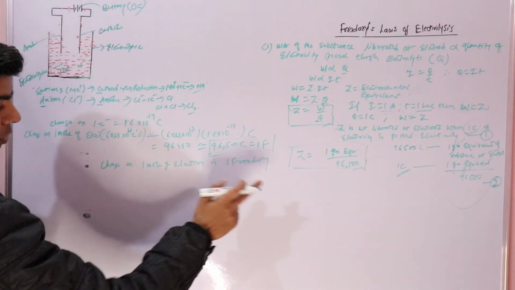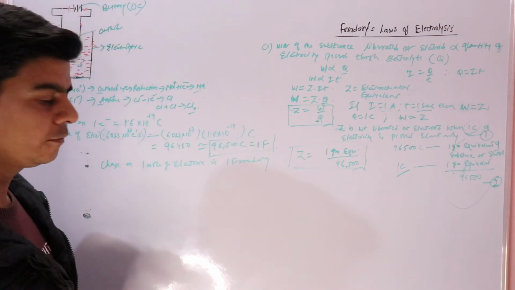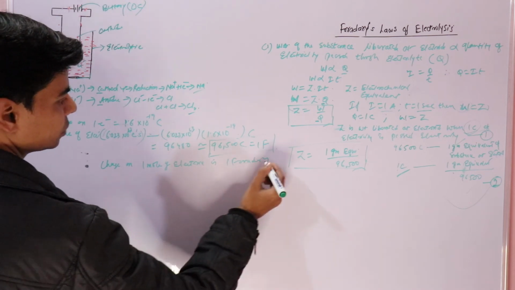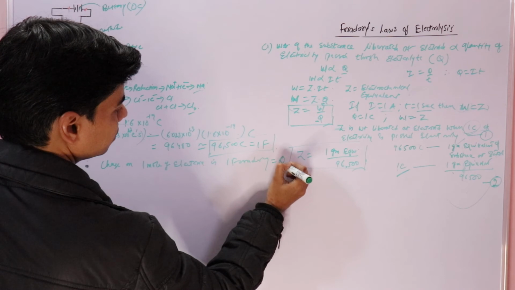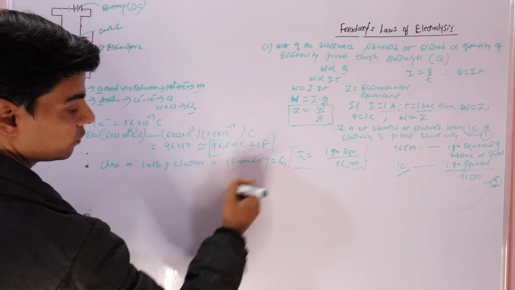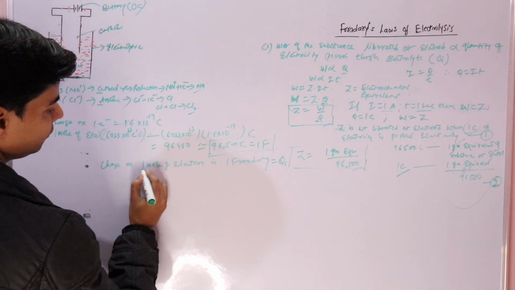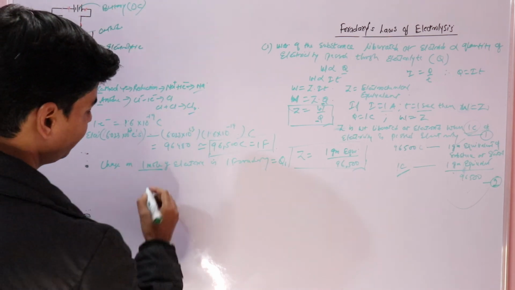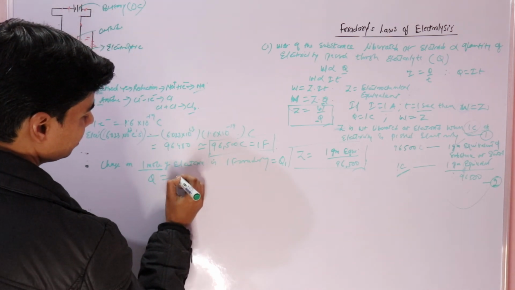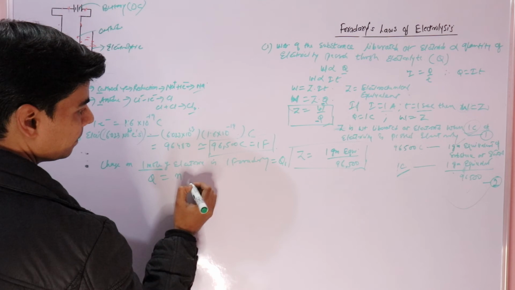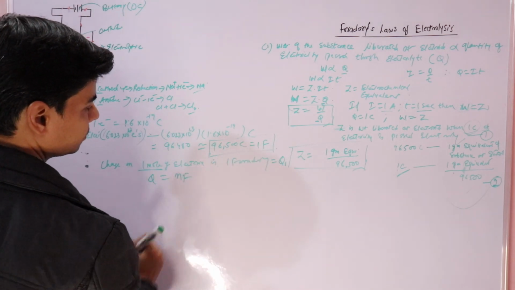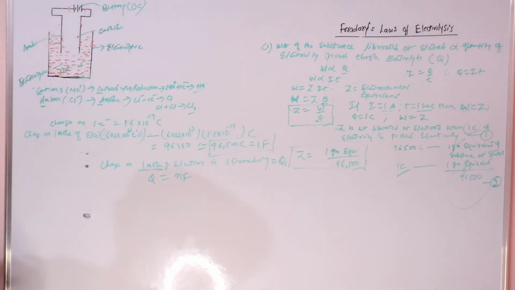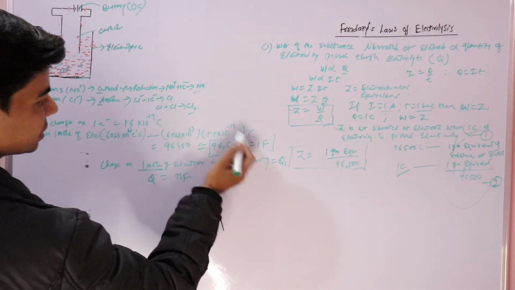So this I can write as Q1, the charge on 1 mole of electrons, right? So if we have n moles of electrons, then the charge would be n into F, right? Or n into 96,500.